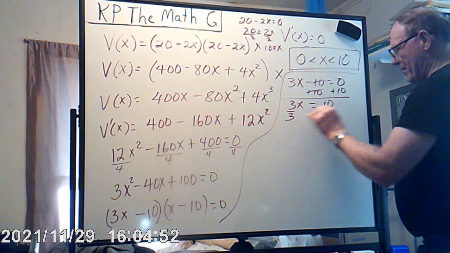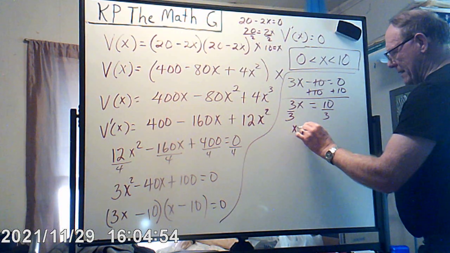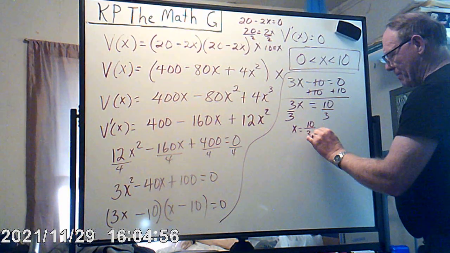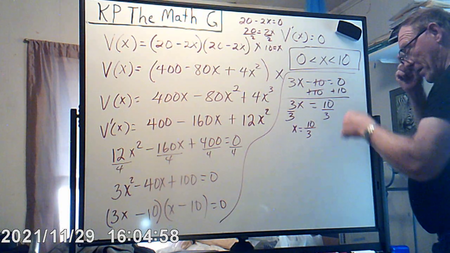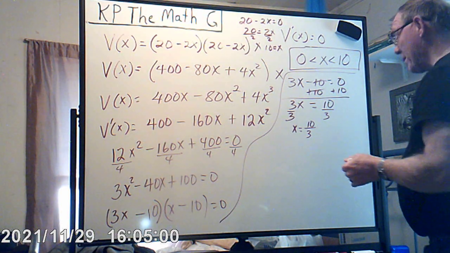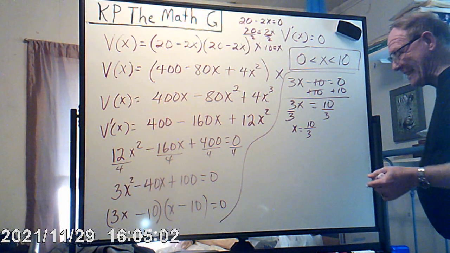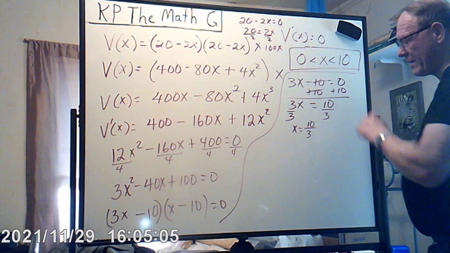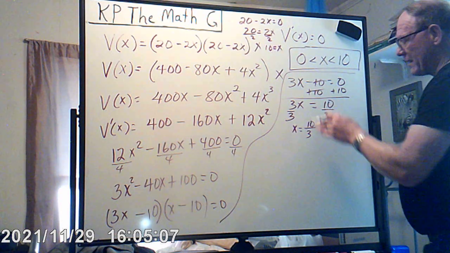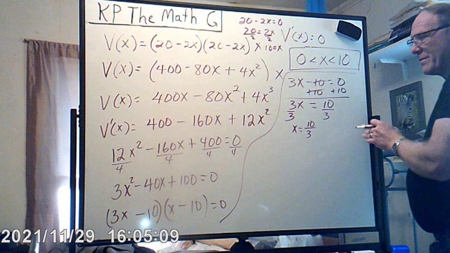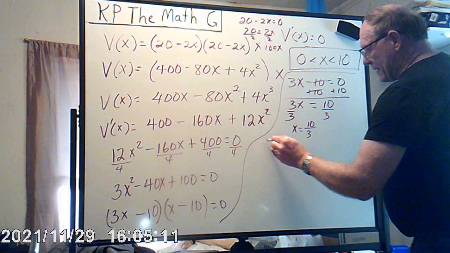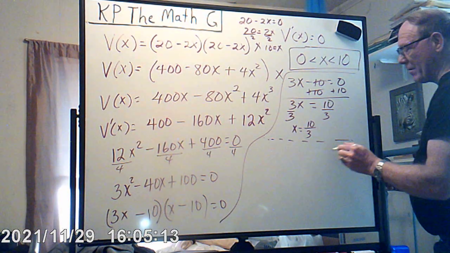And then when I divide by 3, x equals 10 over 3. If you want to make an approximation, that's about 3 and 1. Well, it's exactly 3 and 1/3. 3 times 3 is 9 and 1 is 10. 1 more third is 0.3333, whatever. Okay, so anyway, there's that one.